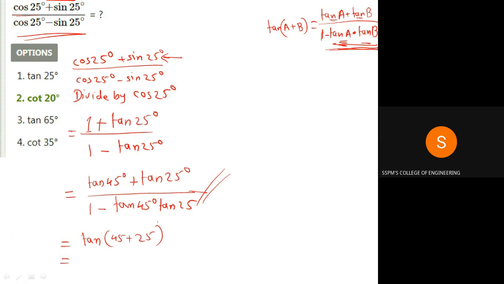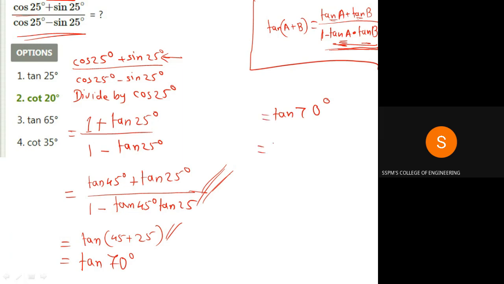That is, this whole expression is the expansion of tan(45 plus 25) according to this formula. So what is 45 plus 25? It is tan 70 degree. But we do not know the value of tan 70 degree.